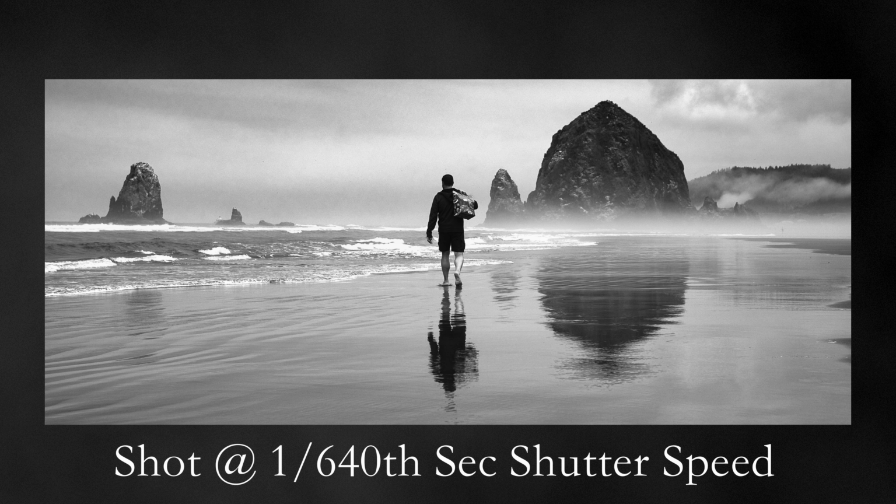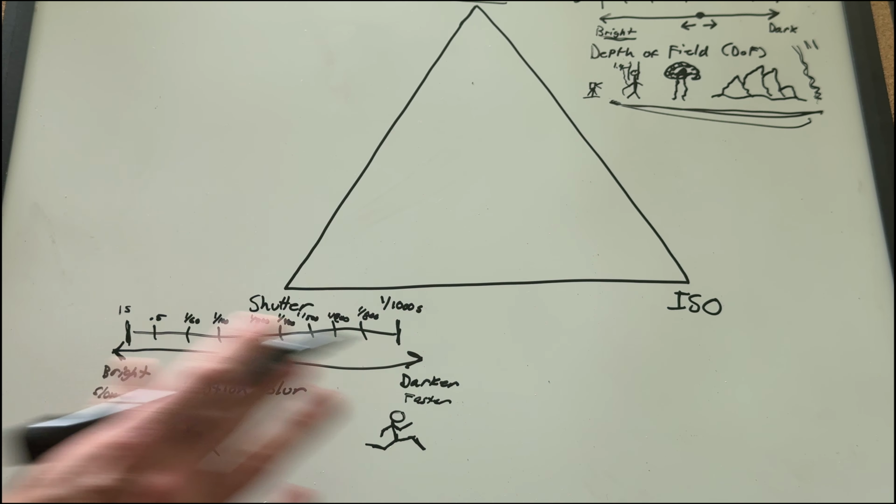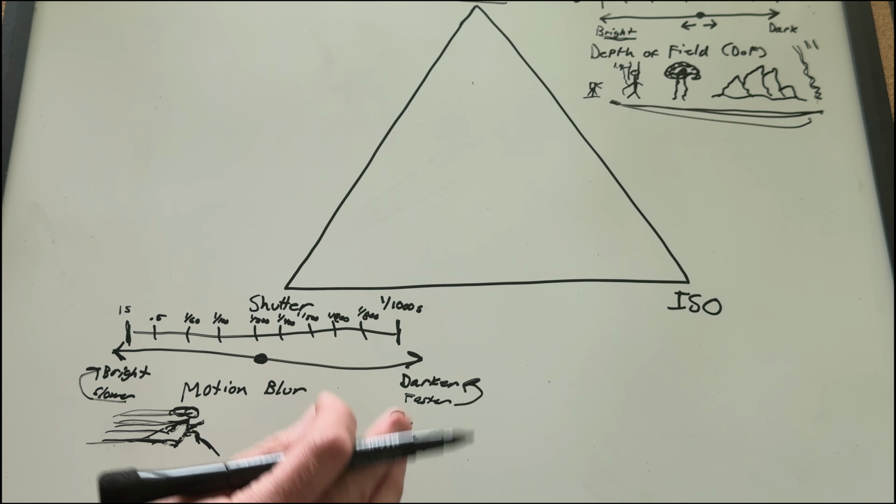So, shutter speed affects two things. Your exposure, because it affects how much time light is hitting the sensor. So, a slower shutter speed is a brighter image, and a faster shutter speed is a darker image. But it also affects motion blur.